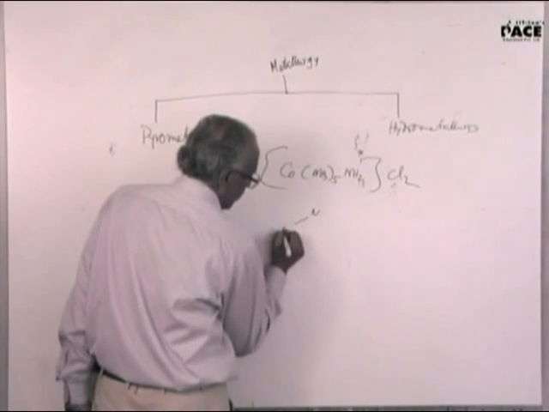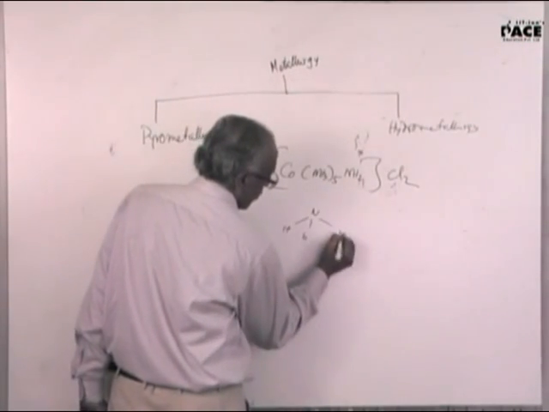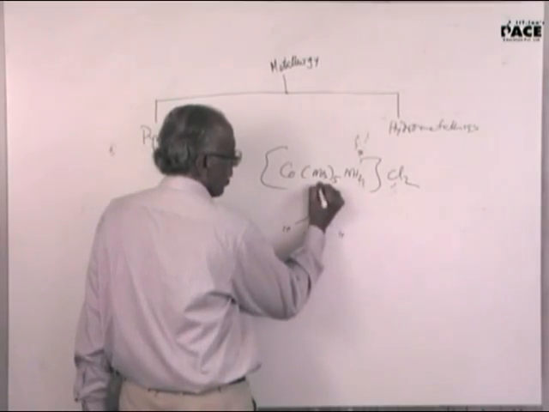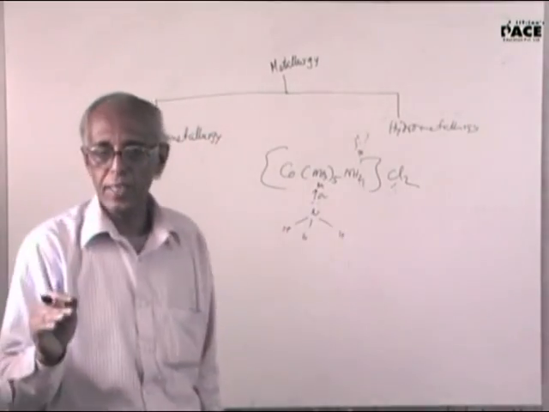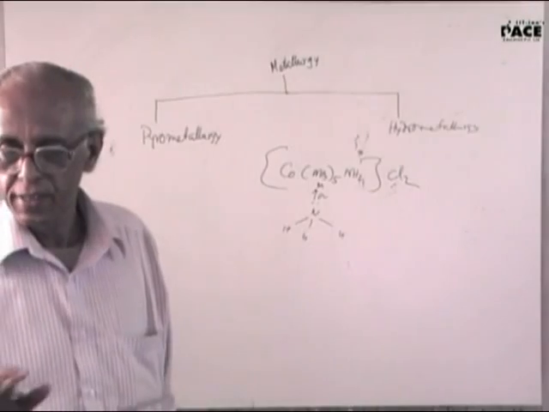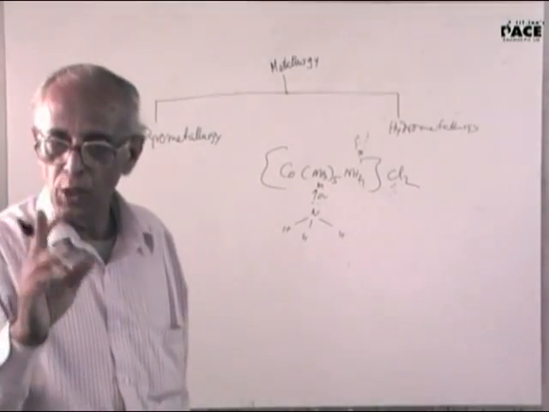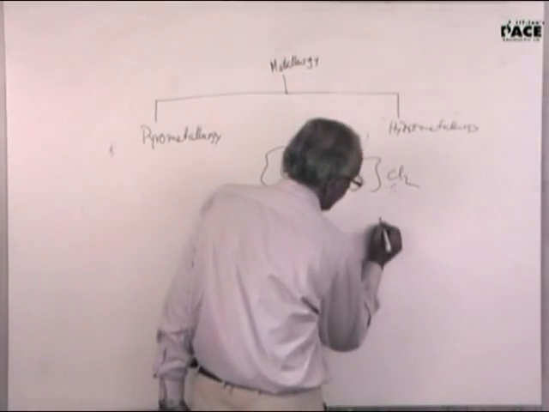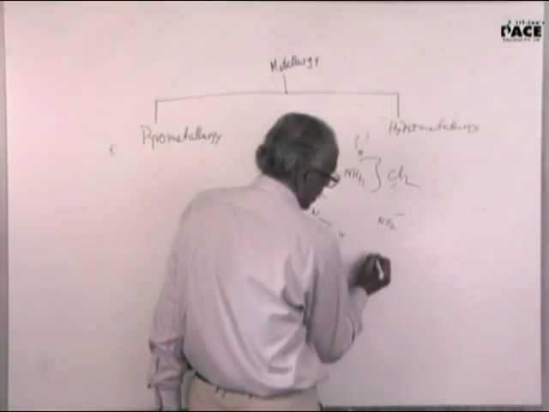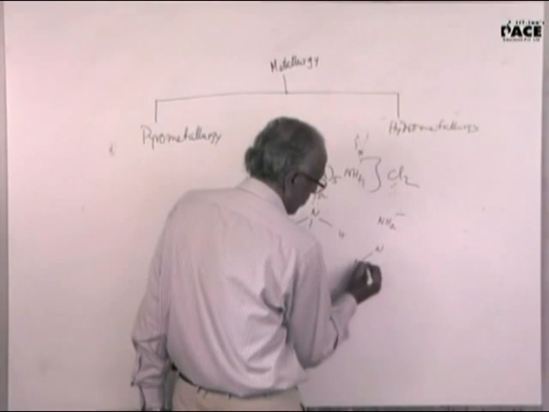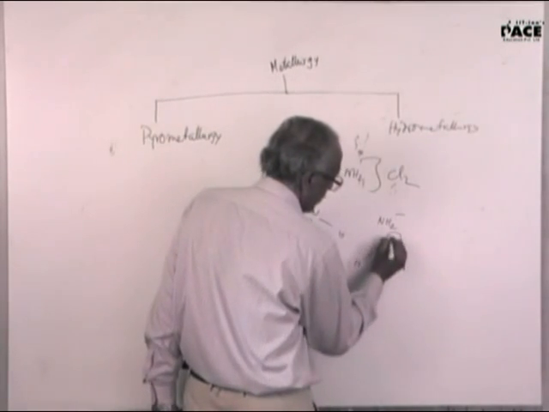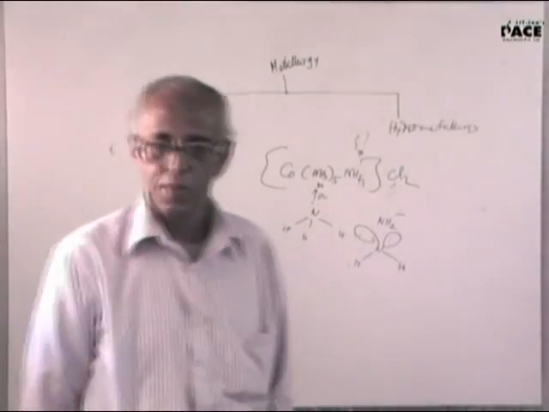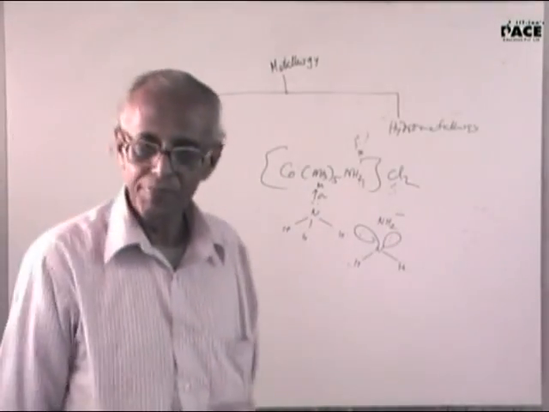Ammonia can function as only sigma donor ligand because there is only one lone pair available. But NH2 minus, there are 2 lone pairs.